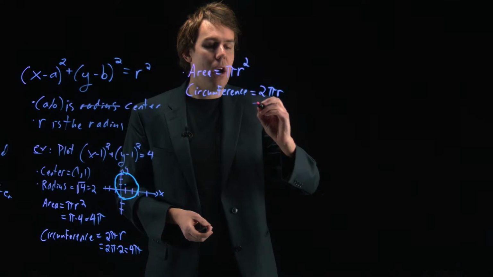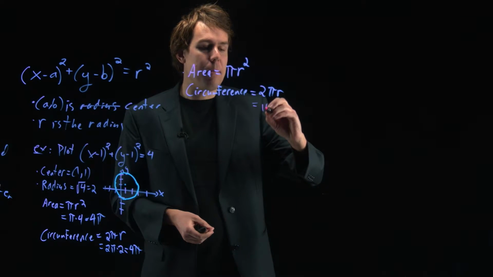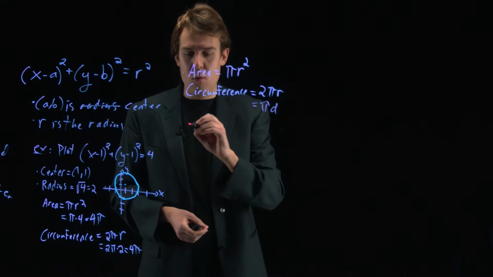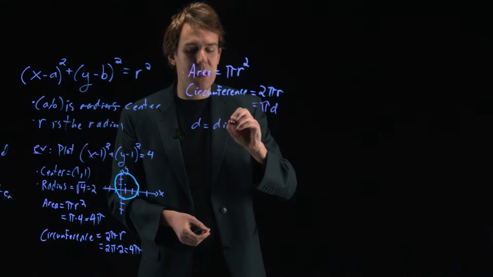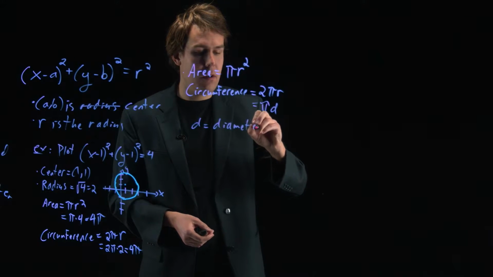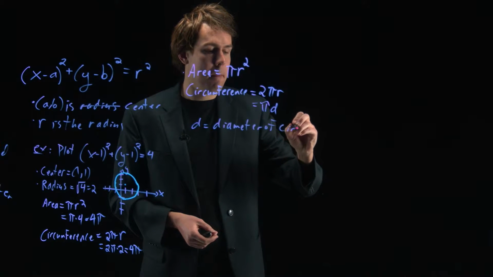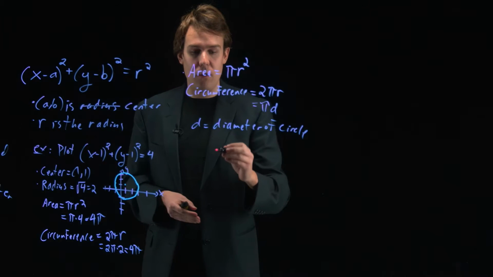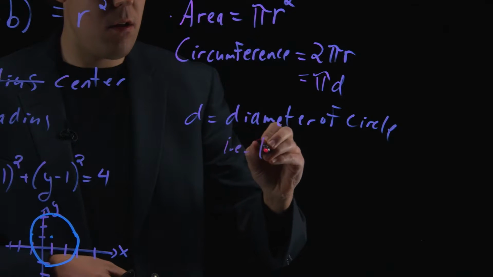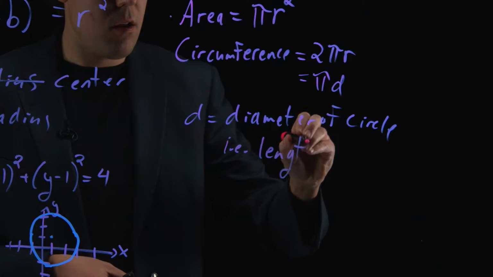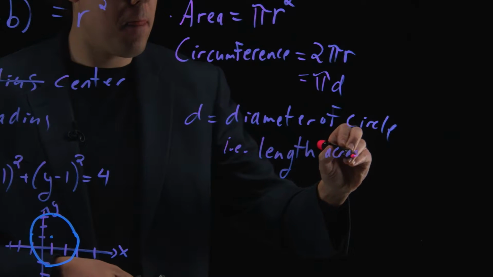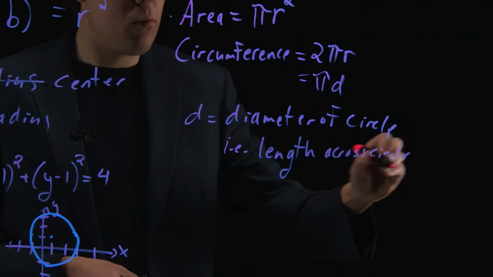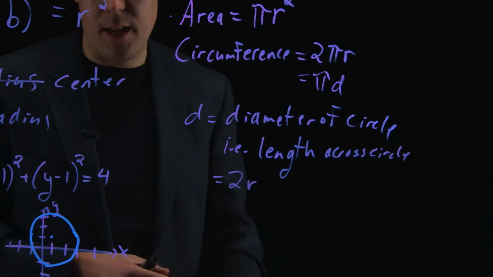The circumference can also be written as simply pi times d, where d is equal to the diameter of the circle. What is the diameter? It's simply the length across the circle, which is generally equal to 2 times the radius.